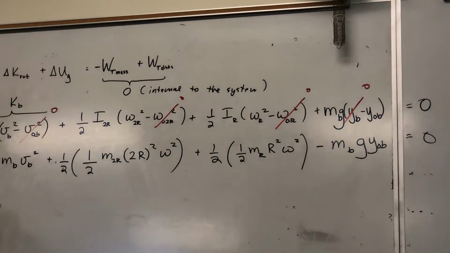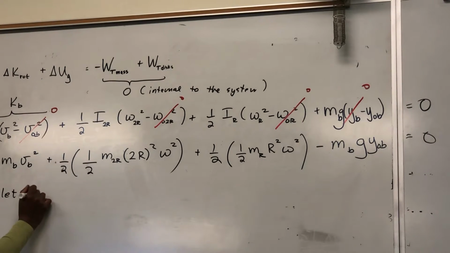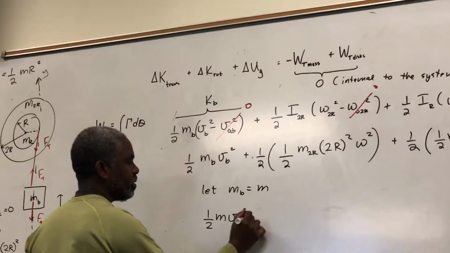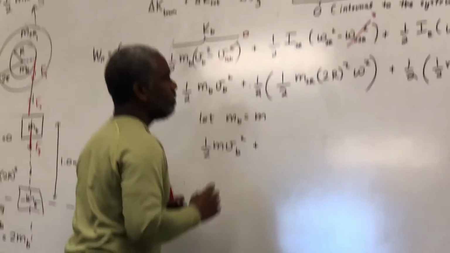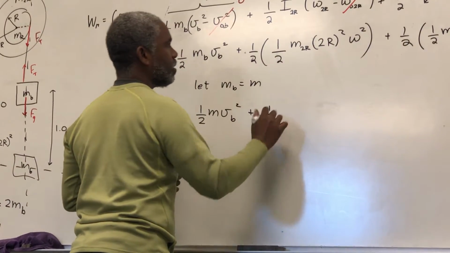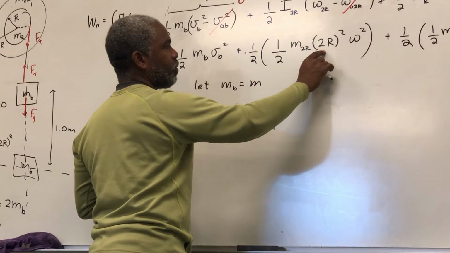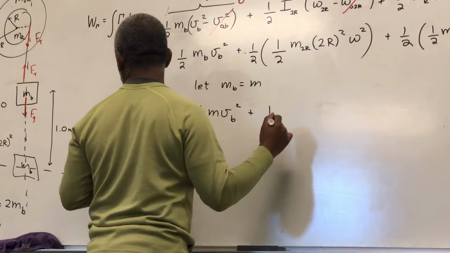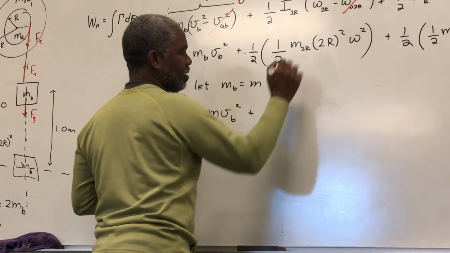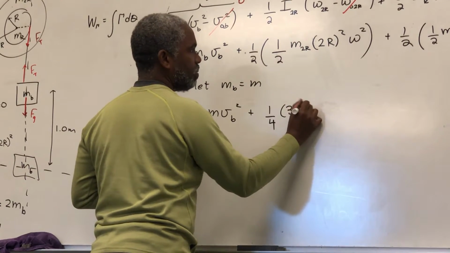So I'm going to just say let M be equal M, because I could say 1/2 M VB squared plus, well, let's look at this. This is 1/4 times 4, well, mass 2R. Mass 2R is 3M. So here I'm going to replace with 3M.